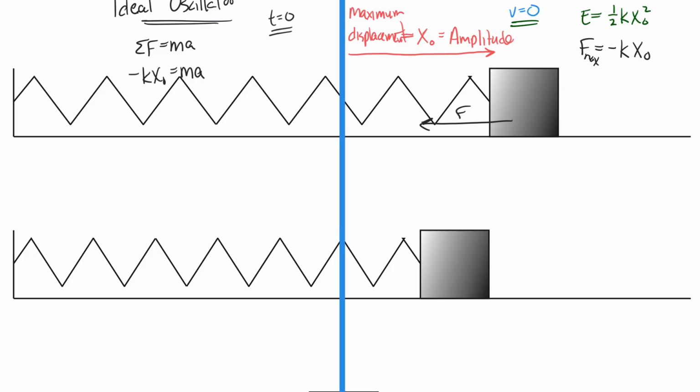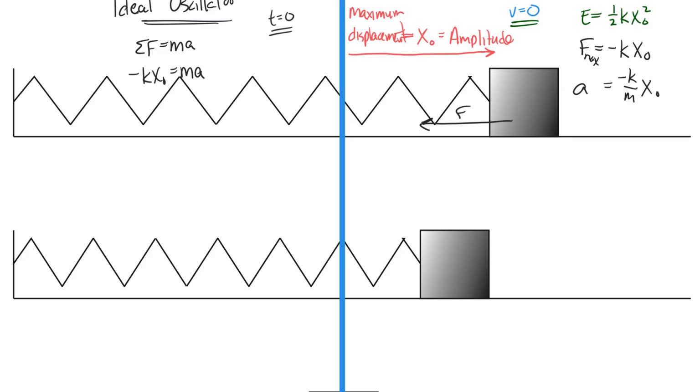If I do just a little bit of arithmetic, that means the acceleration must equal minus k over m, x naught. I just took this and divided both sides by m. Okay?